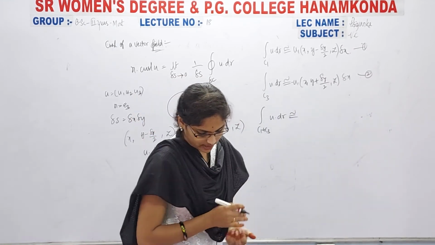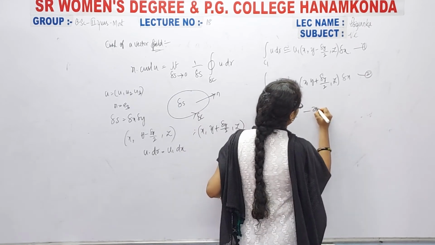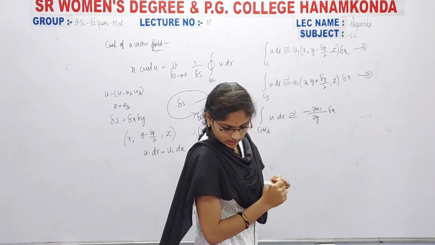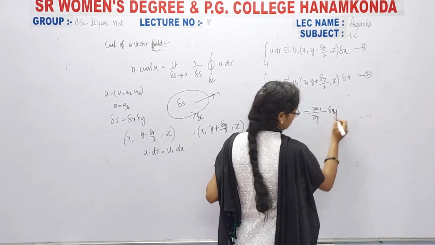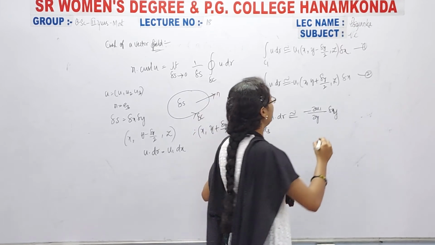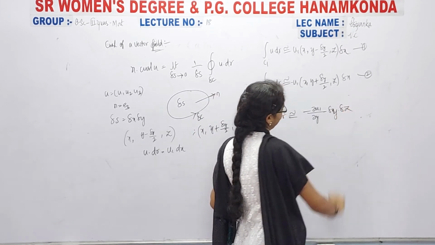So simply here we will get minus dou u1 by dou y, delta y dot delta z.